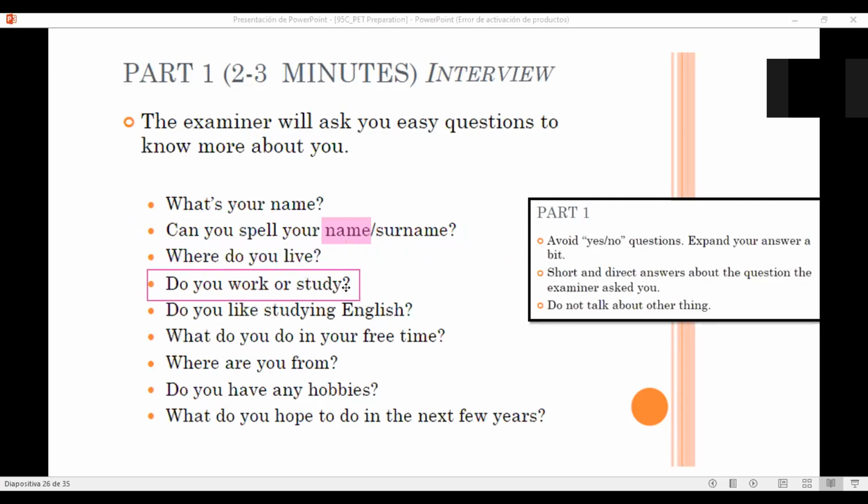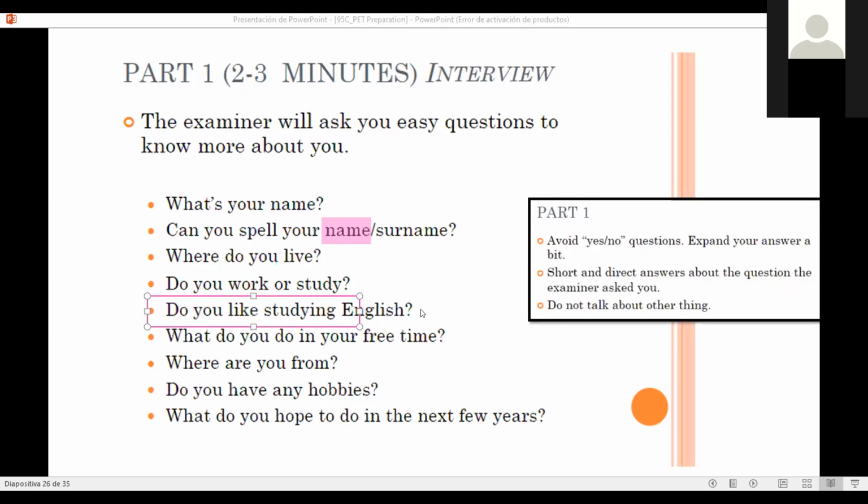Exactly, perfect. This one, Tanya, do you work or study? I study for the moment in nursing, but on vacation I work. Okay, but on vacation I work. Perfect. Let's continue with the next.